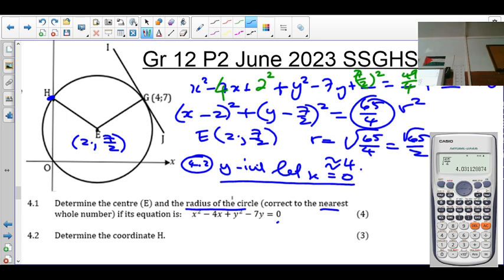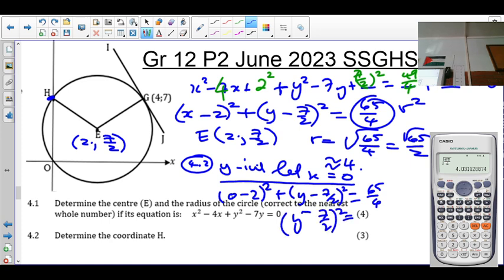Okay, so the y-intercept is x equal to 0. So what we say is, if x is 0, we'll have (0 minus 2) squared plus (y minus 7 over 2) squared is equal to 65 over 4. Okay, so (y minus 7 over 2) squared is equal to, take that 4 over the equal sign, it becomes minus 4. So it's 65 over 4 minus 4, which gives you 49 over 4.